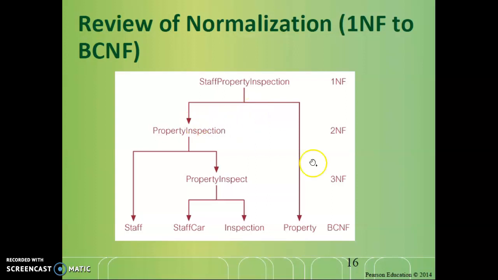This is one important property to remember: when a larger table is decomposed into smaller tables in the process of normalization, if we reconstruct the small relations, the original table should form without loss of any attributes or data. Okay, so this is all about normal forms.